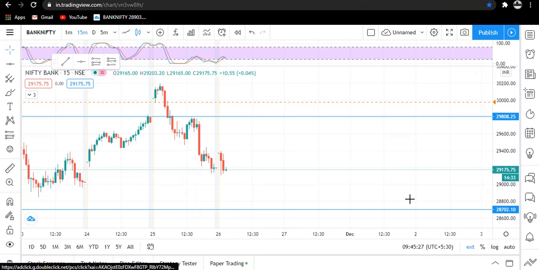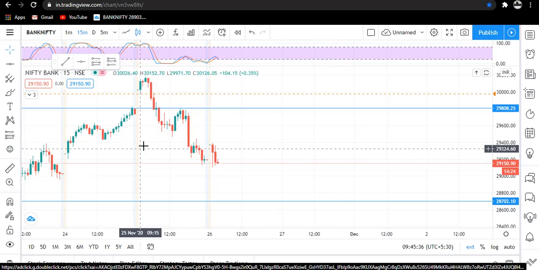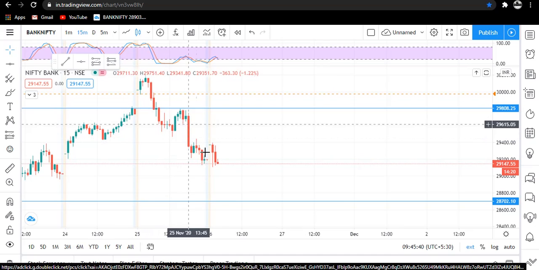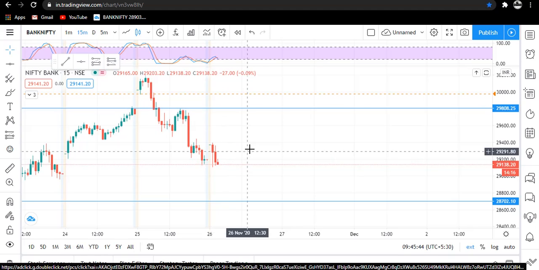Okay traders, this is the chart of Bank Nifty on the 15-minute time frame. I have marked this resistance. You can see this is a swing high, so this will act as a resistance.